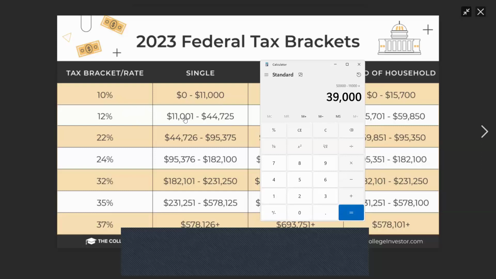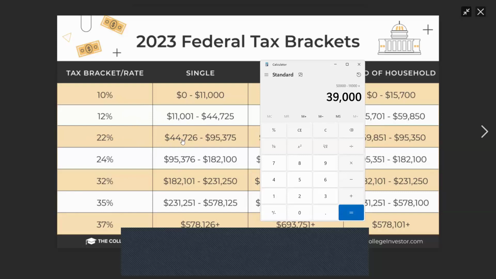And then the amount that they earn between $11,000 to $44,725, that amount will be subjected to 12%. And then the amount that they earn above $44,726, they will be taxed at 22%. So for this single taxpayer, their marginal tax rate is 22%.